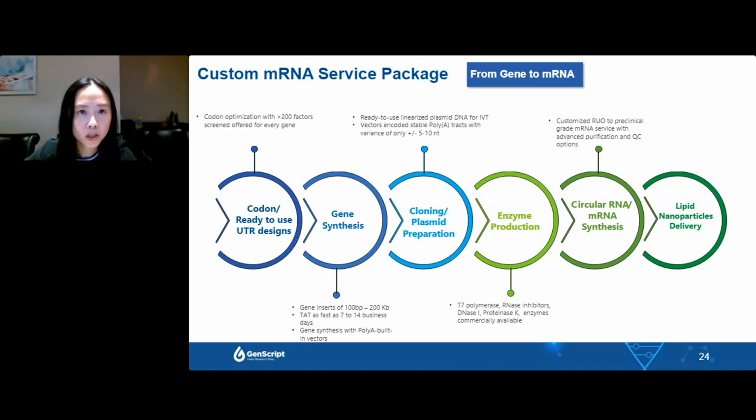So GenScript can provide you a one-stop solution from gene synthesis to mRNA synthesis, and finally the lipid nanoparticle delivery package. It's the last consideration we mentioned. It's about the workflow.